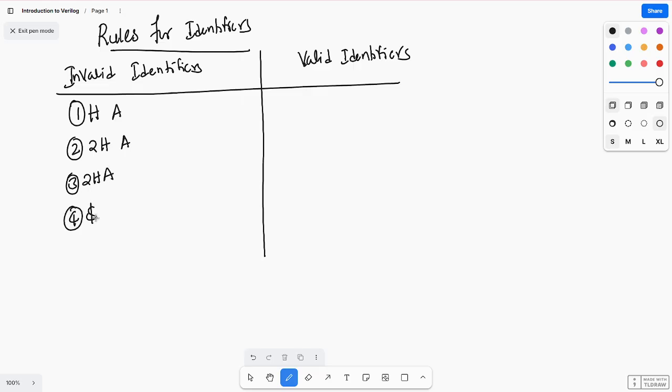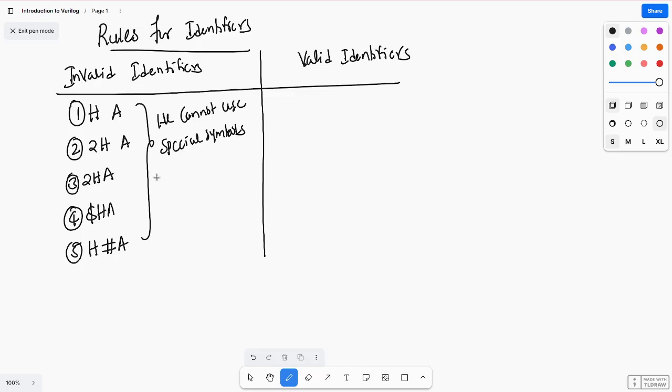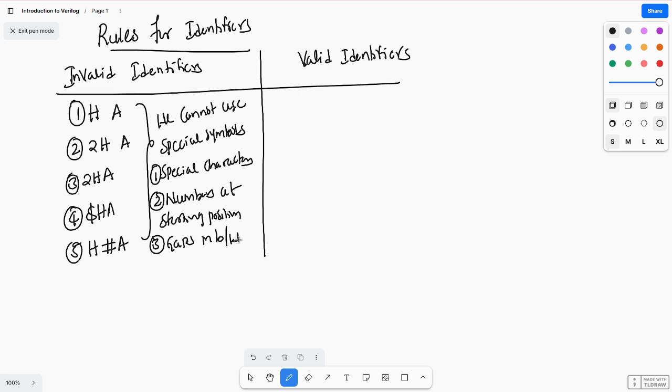Or like dollar HA, and H hash A. So invalid identifiers cannot use special symbols or special characters, numbers at the starting position, and gaps in between. These are not allowed. Is it fine?